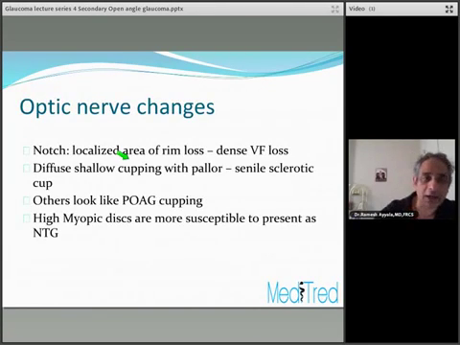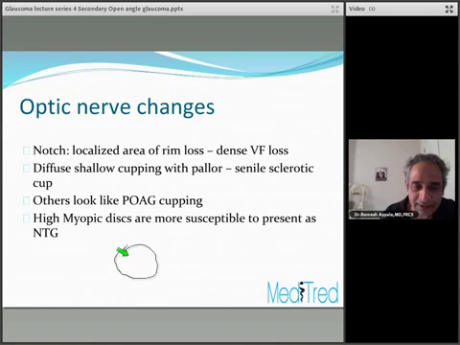So what are these optic nerve changes we're talking about? A notch, a diffuse shallow cupping with pallor, or an optic nerve change that looks like a primary open-angle glaucoma change, and high myopic disc. So what is a notch? Unfortunately, I could not find a picture of a classic notch as I was preparing for this lecture, but I will be able to show this to you in a drawing.